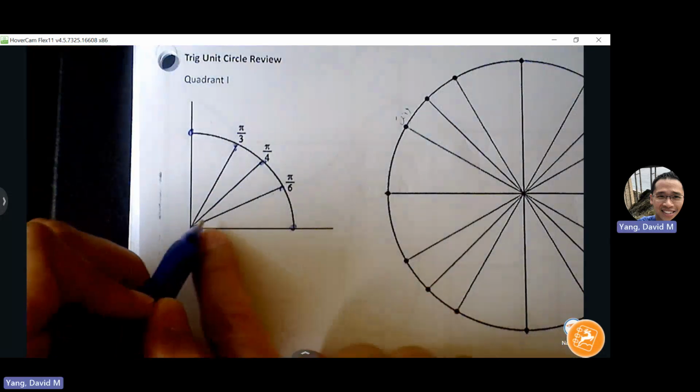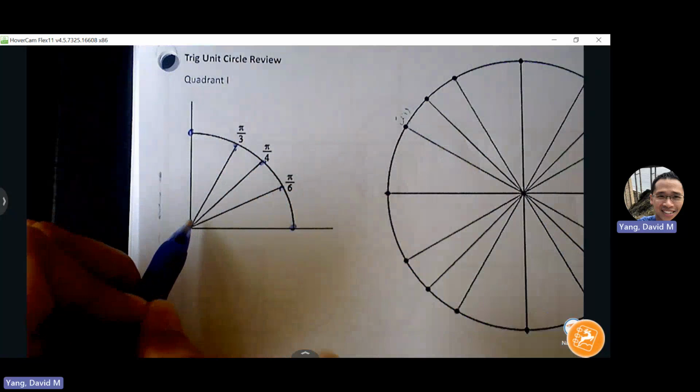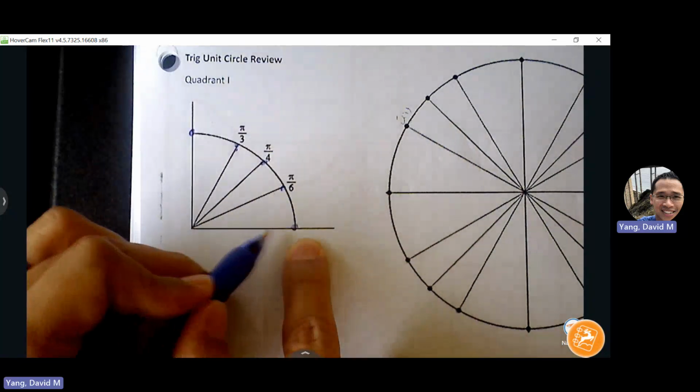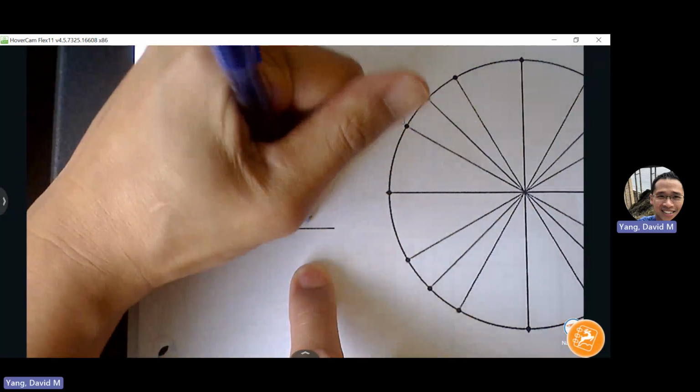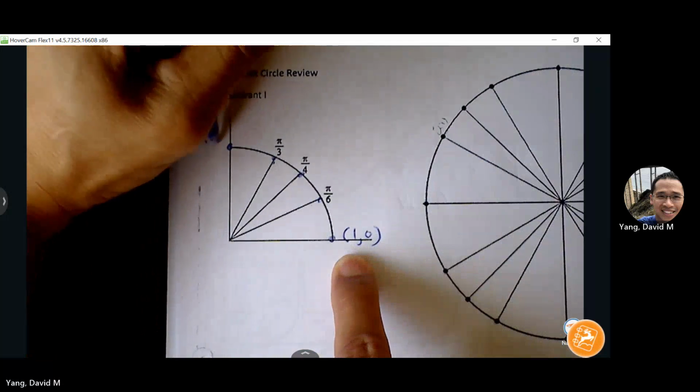Unit circle means that my radius is always going to be 1 unit. So my quadrant angle ordered pairs will be easy: (1, 0), (0, 1).